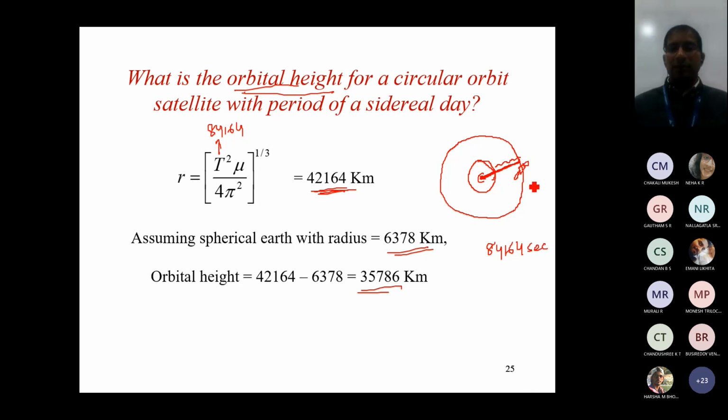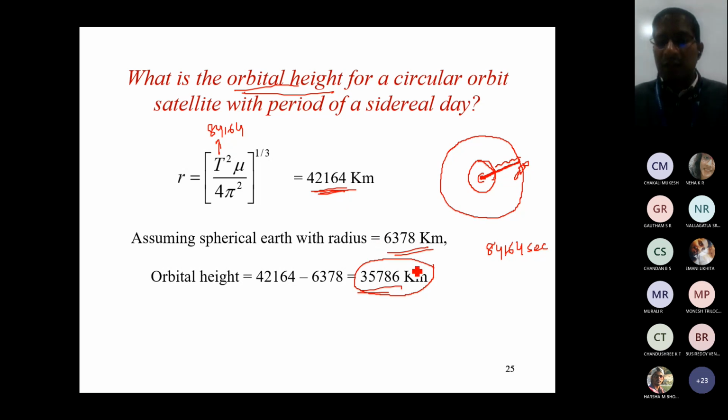I repeat again for your understanding. If a satellite is located at a 35,786 kilometer altitude from the Earth's surface, not from the Earth's center, since from the Earth's center the value is 42,164 kilometers.